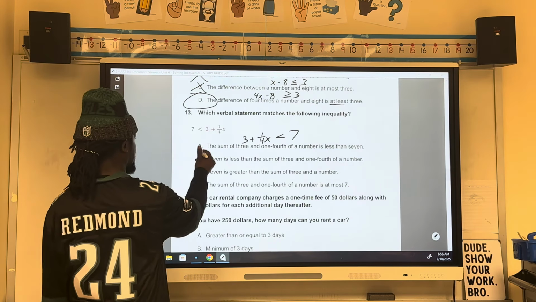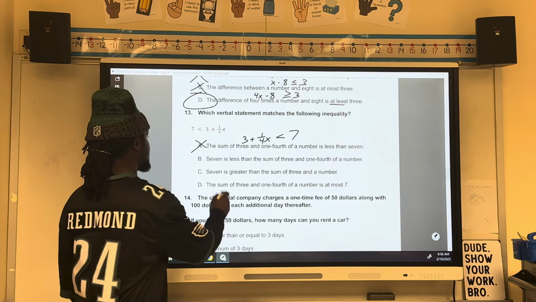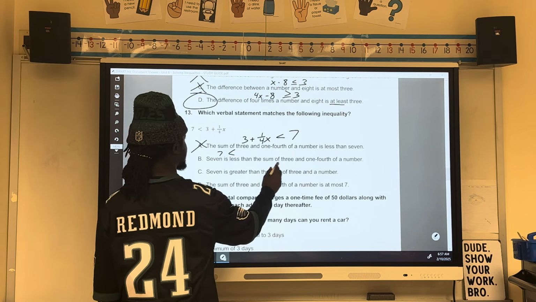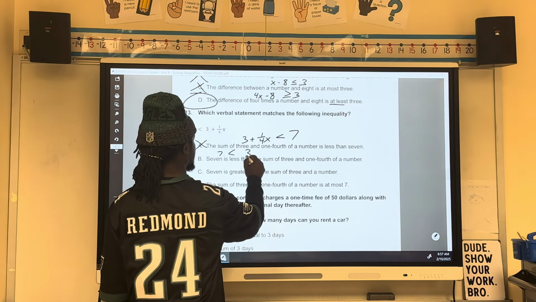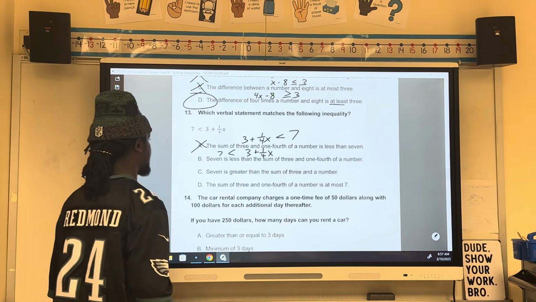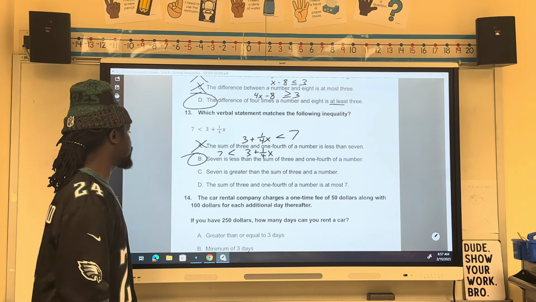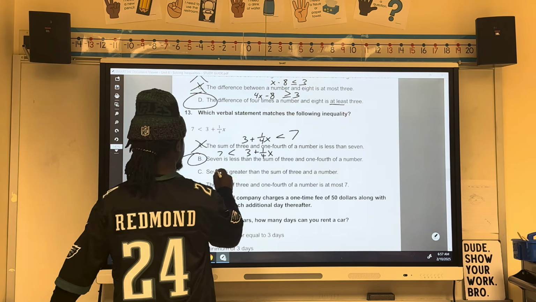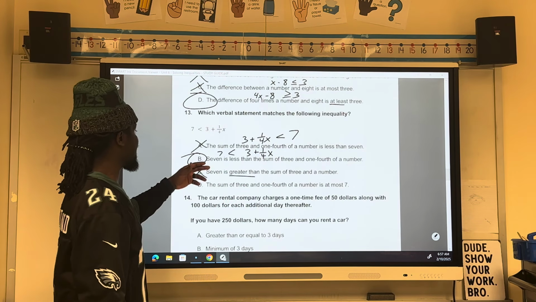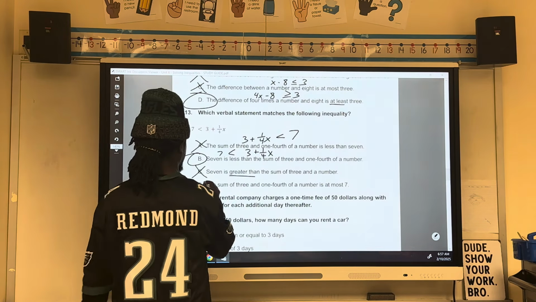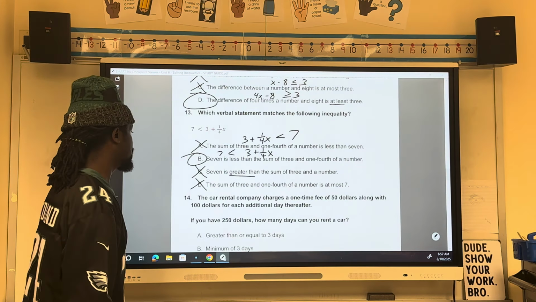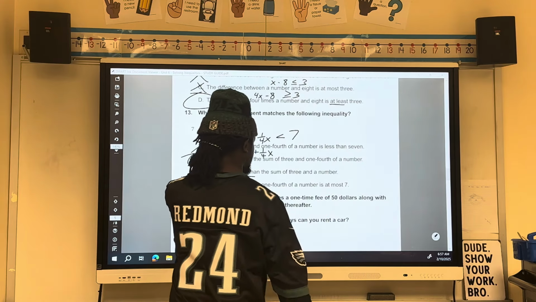Close, not quite. 7 is less than the sum of 3 and 1/4 a number. Okay, that looks right. Let's make sure the other ones aren't. 7 greater, well, it's greater than, so no, that's not right. And then the sum is at most. Again, that one has the order flipped, so that one isn't. And even at most is less than or equal to.